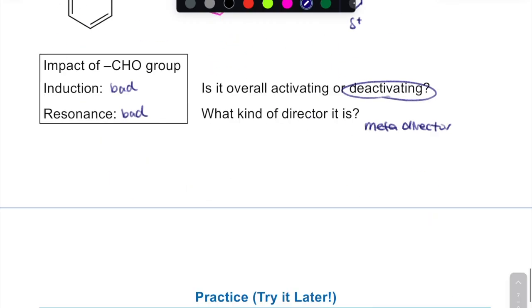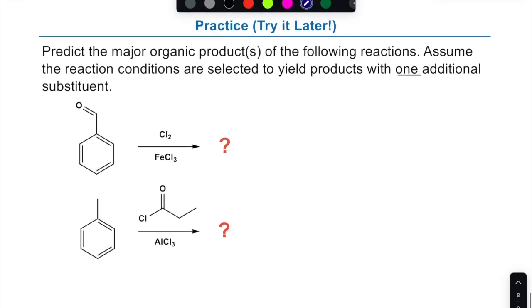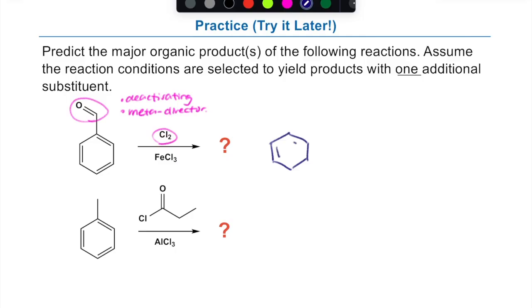And the last practice example is to predict the products. So we went over 2 of these in class, but essentially we want to look at this. So this is deactivating, and it is a meta-director. And so if we're adding chlorine to this system, or we want to chlorinate this ring, our final product or products would not be ortho para.